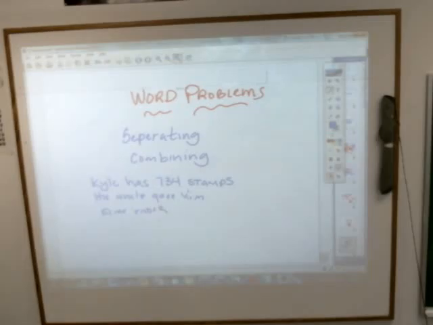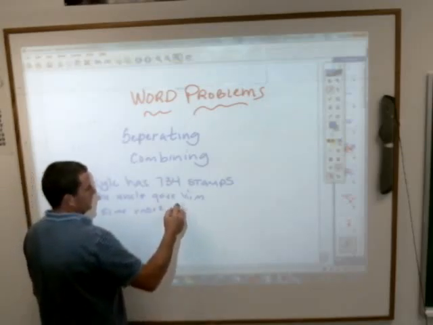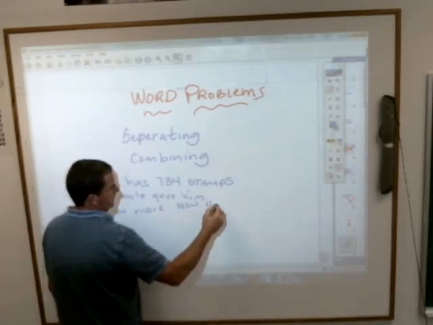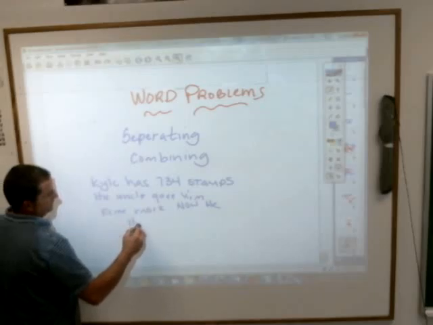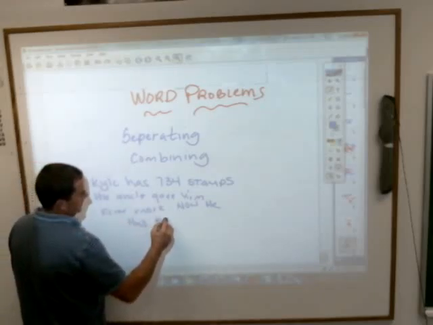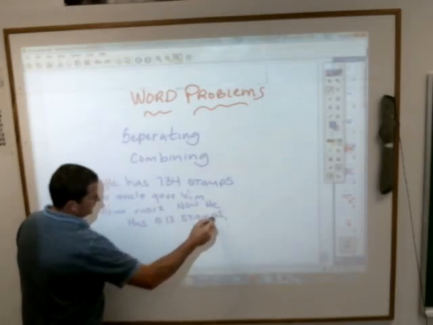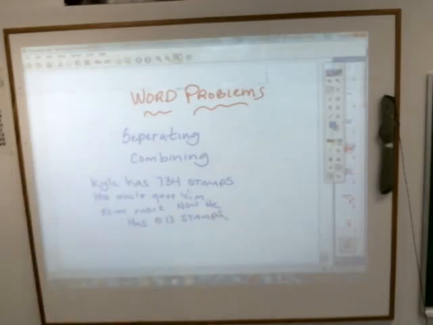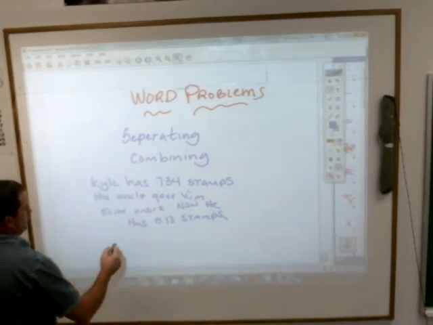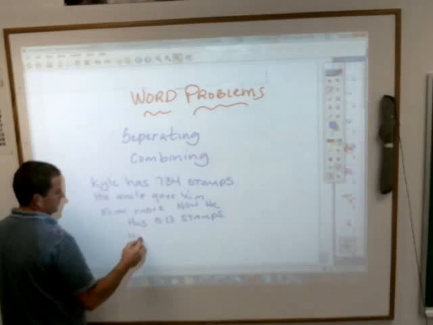Now he has 813 stamps. And the question is, how many stamps did Uncle Bob give him?